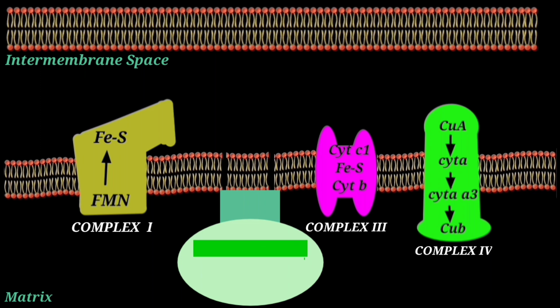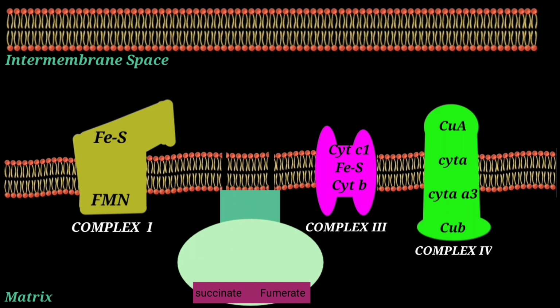It should be noted here that succinate dehydrogenase, an inner mitochondrial membrane bound enzyme, is an integral component of complex 2. It converts succinate to fumarate during the Krebs cycle. The electrons released from the conversion of succinate to fumarate are accepted by FAD, which is thus converted into FADH2.